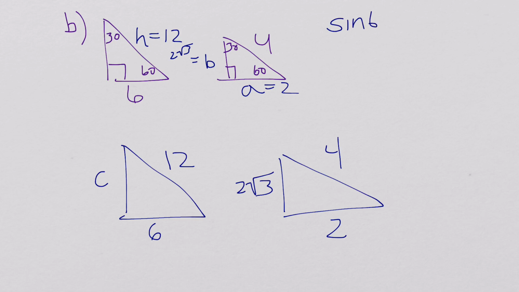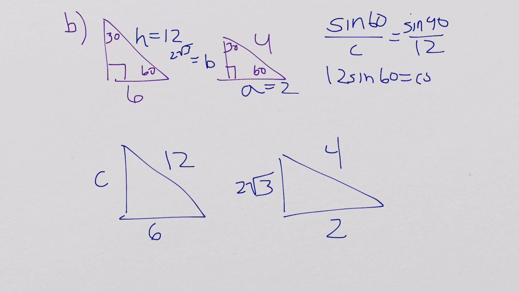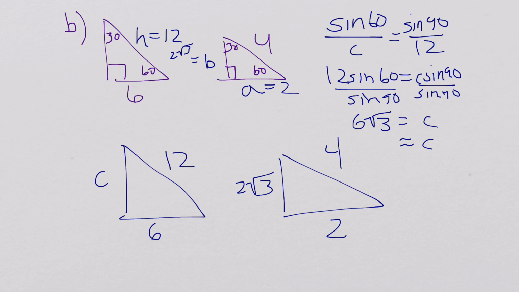Sine of 60 over C equals sine of 90 over 12. So 12 sine 60 equals C sine 90. Divide both sides by sine 90, and I get 6 root 3 equals C. If you were rounding, that would be about 10.4.